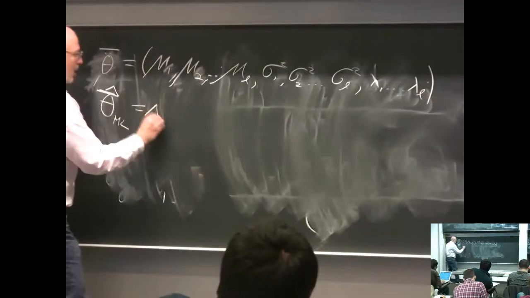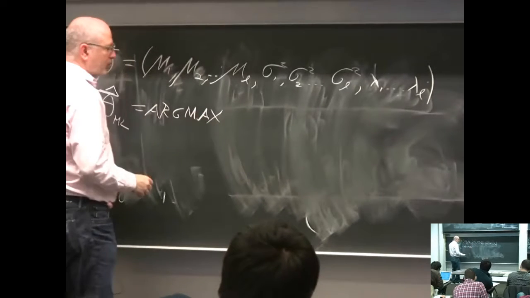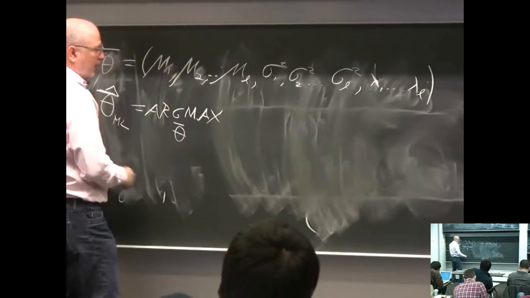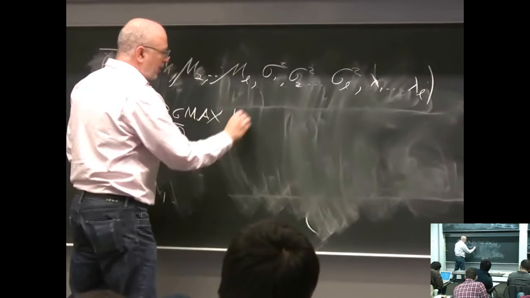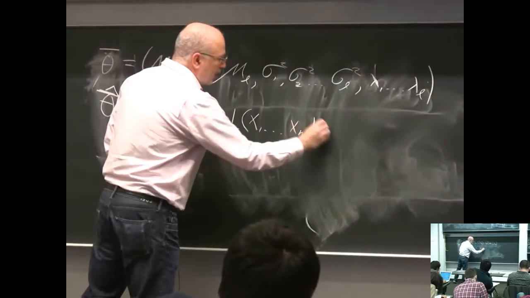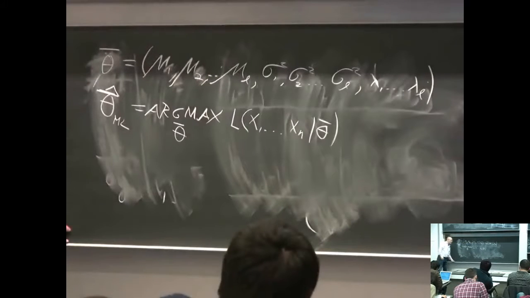It's defined as the argmax over all possible values of theta of the likelihood of the data x1 through xn given theta. Right? That's the general form.